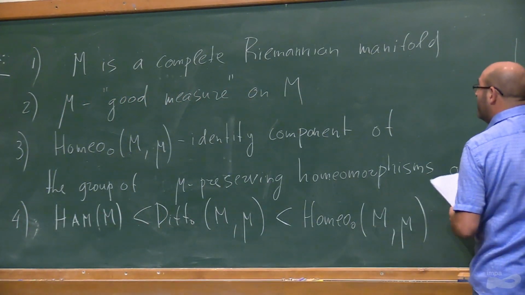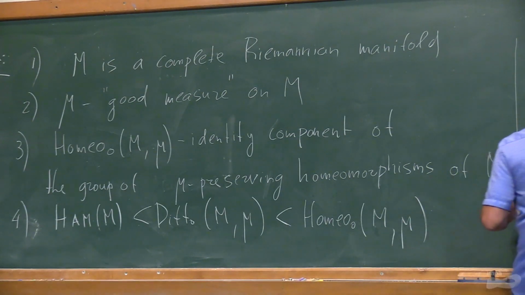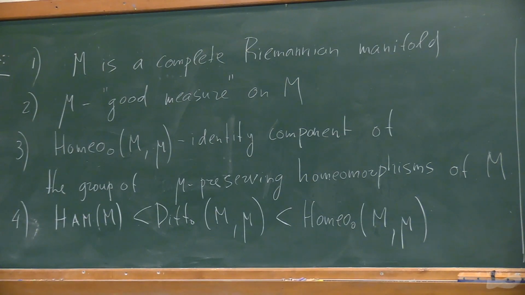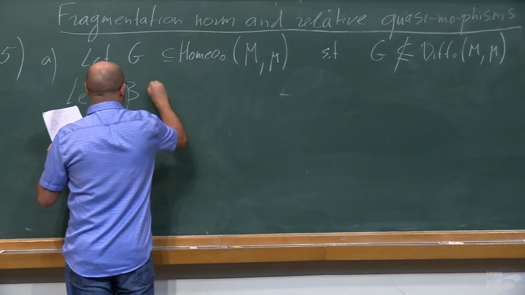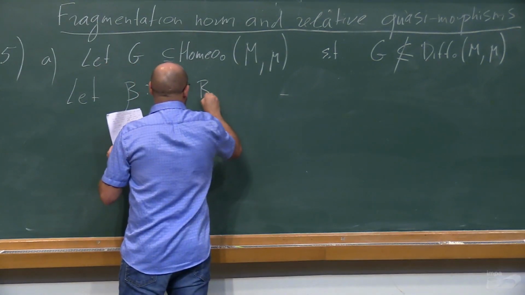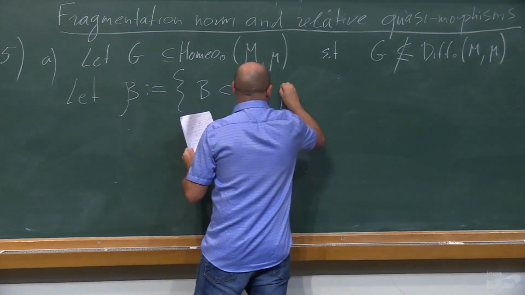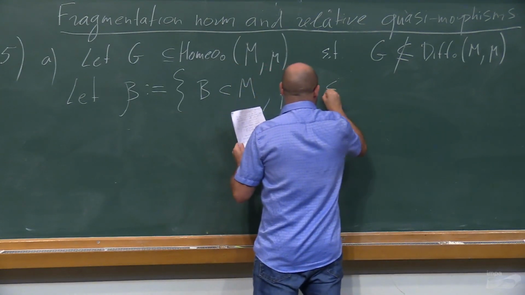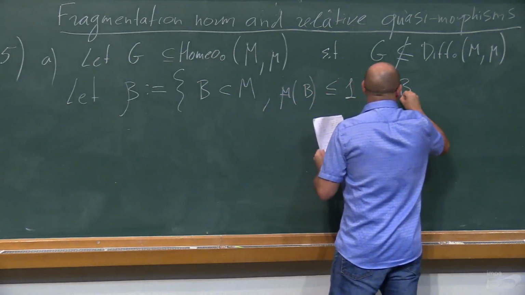All right, and then maybe 5. So this would be A. Let G be a subgroup of homeo 0 mu such that first G is not a subgroup of diff 0 mu, and let beta be the following collection of balls B in M such that the measure of B is less than or equal to 1 and B is a topological ball.